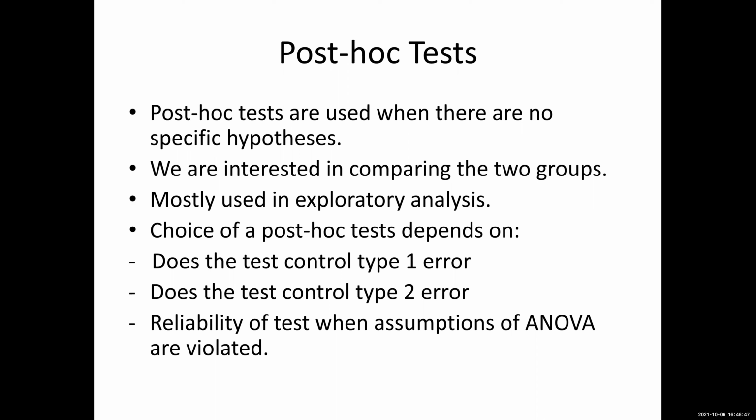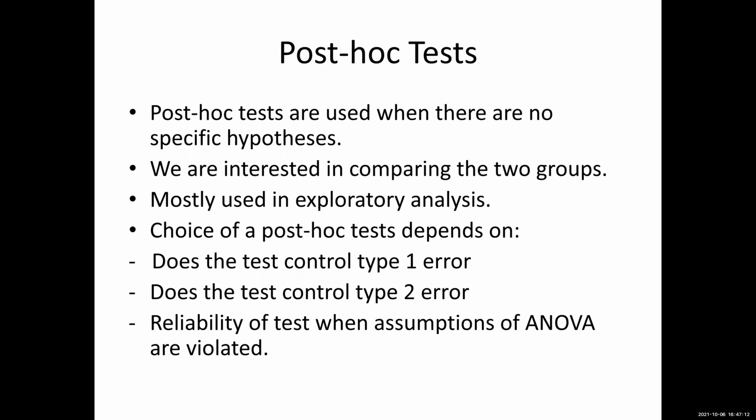Again, the choice of a specific post hoc test depends on whether the test controls type 1 error, and whether it controls type 2 error. If you remember yesterday, we talked about the errors. We discussed that type 1 error is when you reject H naught when it is actually true, which means you end up getting a false positive result.